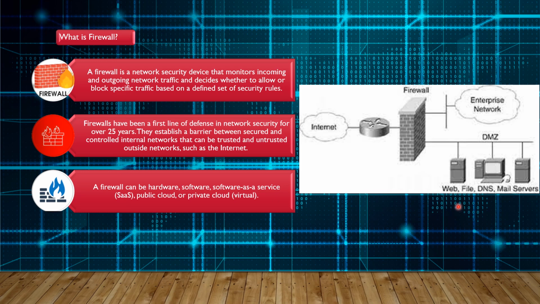Here we commonly store the web filter server, DNS server, Active Directory server, all the servers. On the other side is the enterprise network, where the local user group like LAN is. Whatever the servers or LAN network users, they should go to the internet through the firewall only, so that the firewall will validate the network traffic.